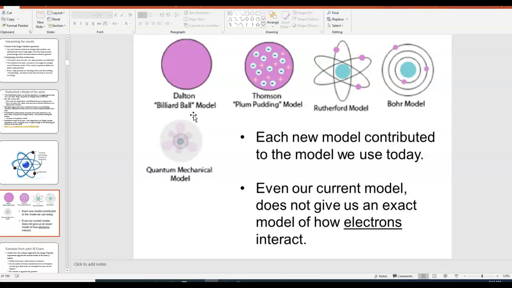Okay, and so that's basically how science works, we're always building on our understanding of things and using our past models to inform our new models. And so that way we get better and better results as we go through. And so Rutherford's model is wrong, but it's less wrong than the Thomson model, which was less wrong than the Dalton model. Okay, and so that's basically how science works.